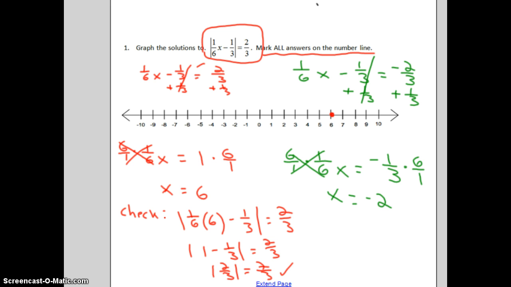We also want to make sure that -2 is a solution. So we're going to check. Again, we're going to use the original problem. So we're going to do the absolute value of 1/6 times -2 minus 1/3 equals 2/3.